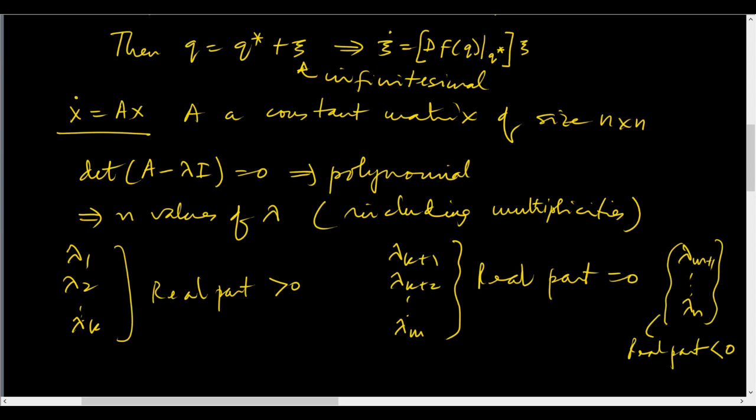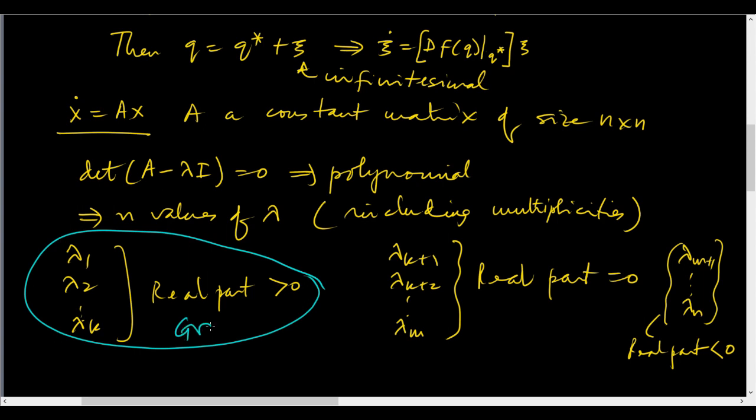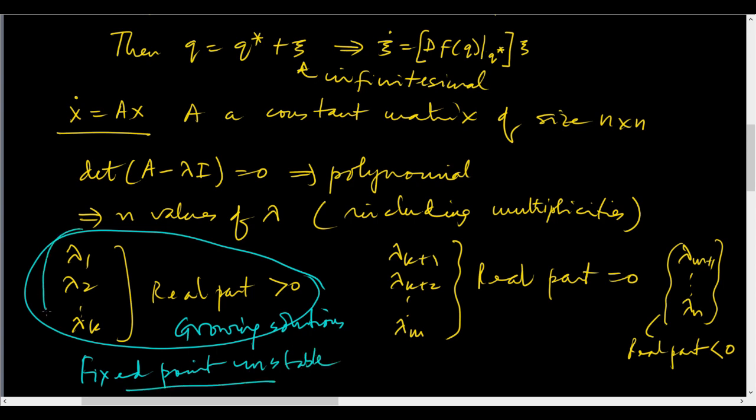What that means, these give growing solutions. This means the fixed point is unstable. If there is any eigenvalue whose real part is greater than 0, it is guaranteed that that fixed point is unstable.